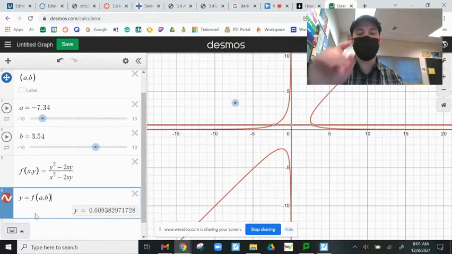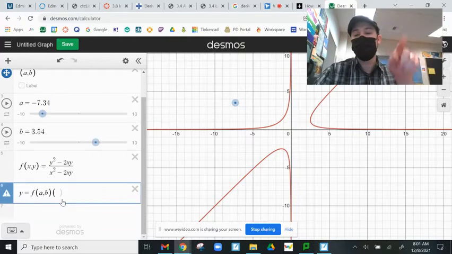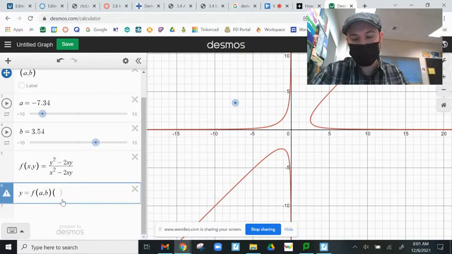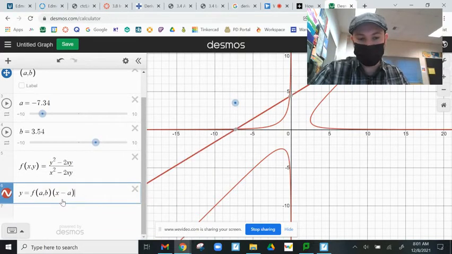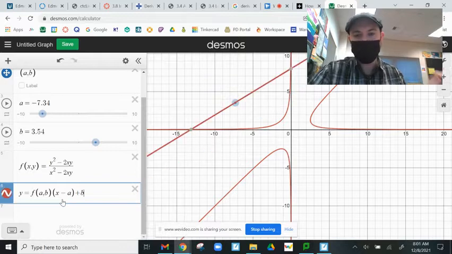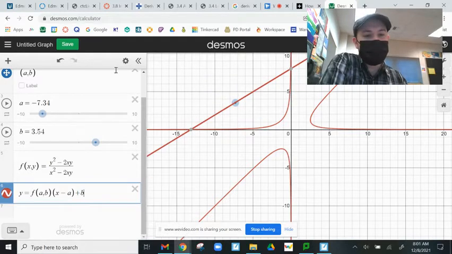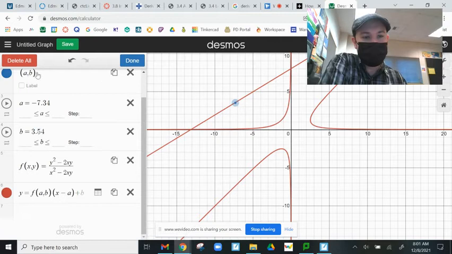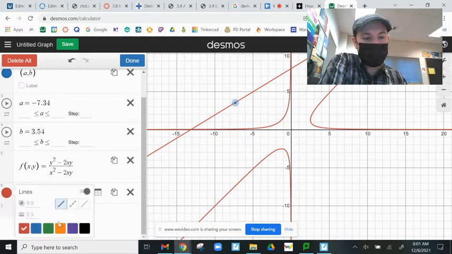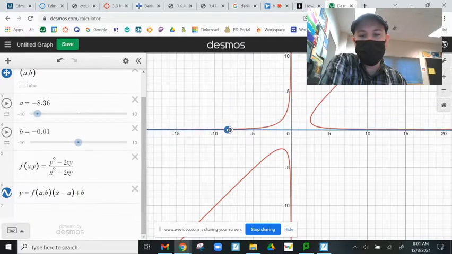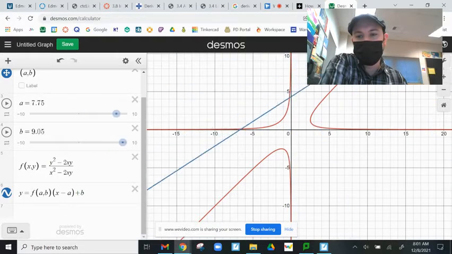Oh gosh, I might have to look this up a second. Oh, a and b are the x and y. So it's going to be x minus a plus b. I wish it was a different color to distinguish it from the background there. Let's go with blue to match the dot. There we go. So what happens is, as I move this dot, it's kind of cool. It is showing the tangent line of our function.